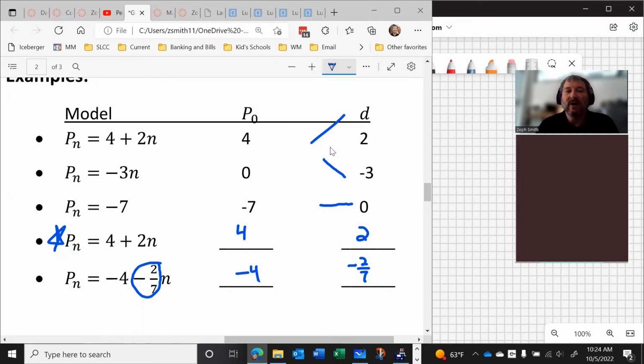So often these models are called discrete models. And so the n's are whole numbers or integers. So n equals 0 is the initial.